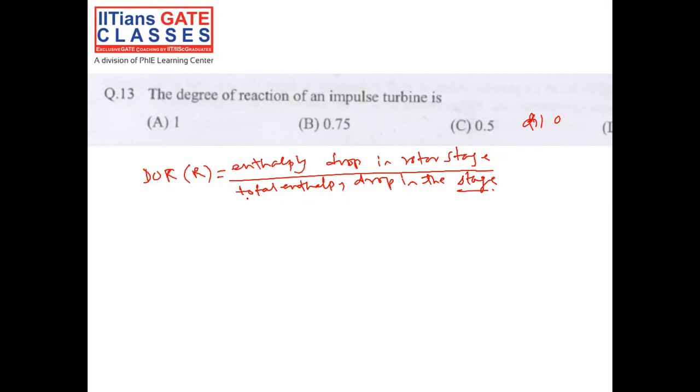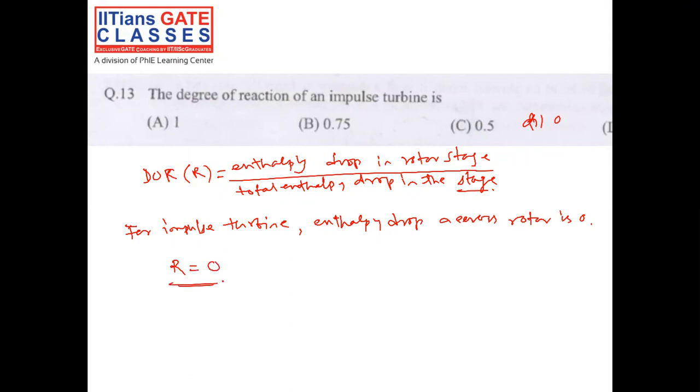So, in case of impulse turbine, the enthalpy change across rotor is 0. Hence, degree of reaction for impulse turbine becomes 0. So, option D is the correct answer.